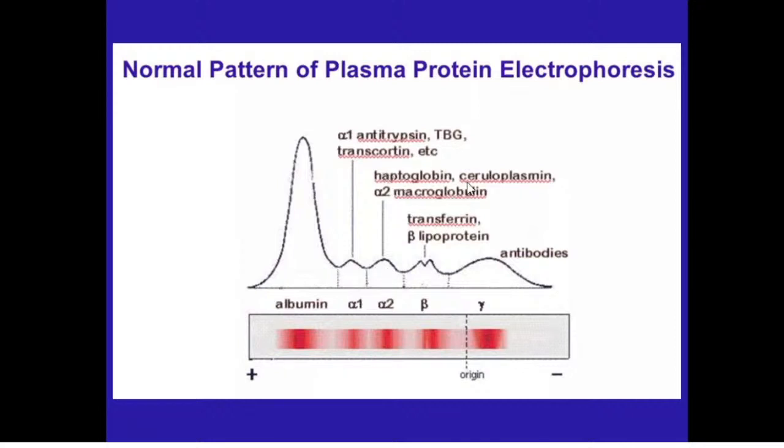But haptoglobin, alpha 2 macroglobulin, and ceruloplasmin are present in the alpha 2 fraction. Due to this, you can see alpha 1, alpha 2. Beta globulins are represented by transferrin and the so-called fraction of beta lipoproteins, and the gamma fraction is represented mainly by immunoglobulins, by our antibodies.